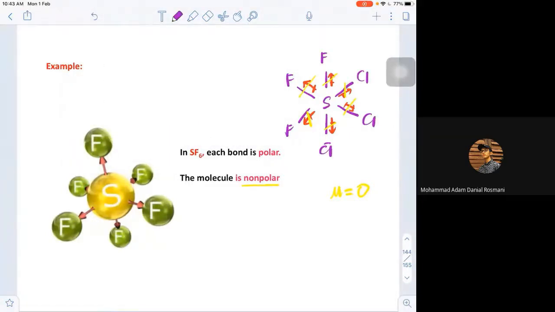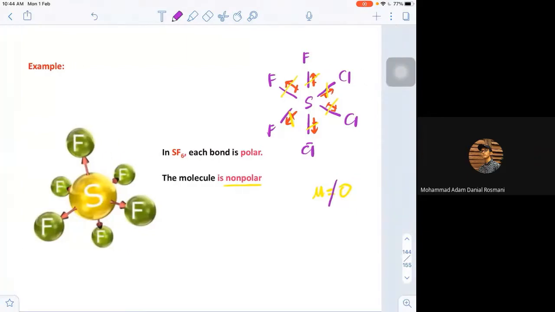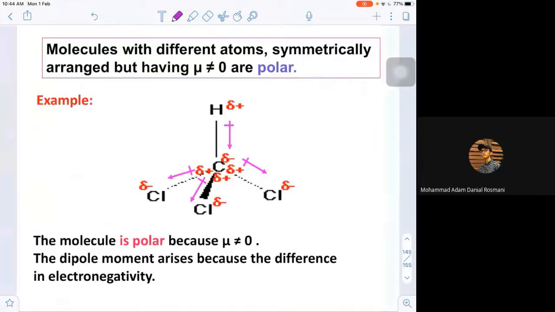Yes, we know that all bonds are polar. However, the dipole moment will be different. This dipole moment is not the same. The force here towards chlorine is not the same as the force towards fluorine, because fluorine is more electronegative than chlorine. It means that it is not totally cancelled out. We still have a dipole moment value that is not equal to 0. But if they are all the same atom, then the molecule becomes non-polar.